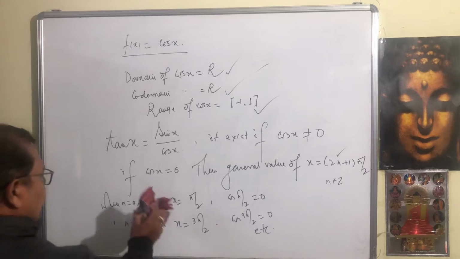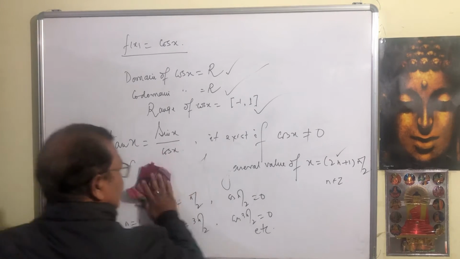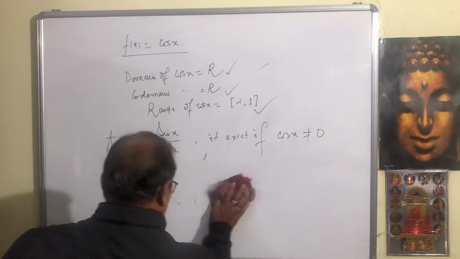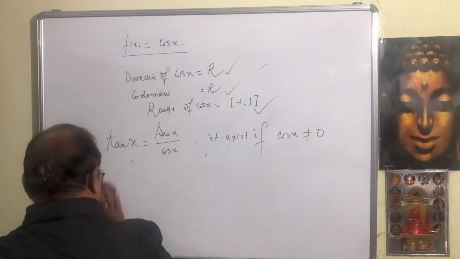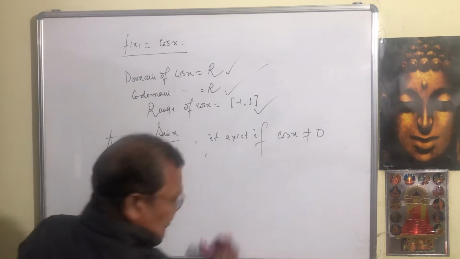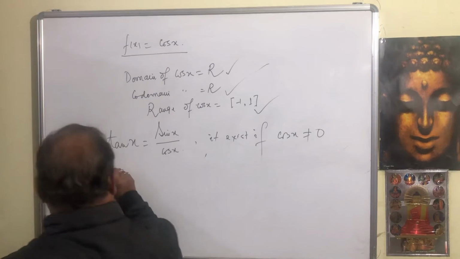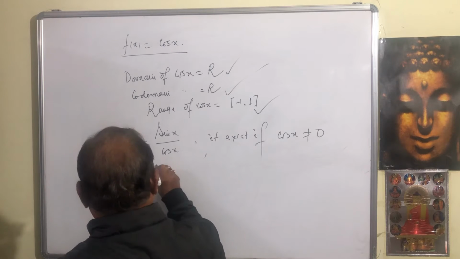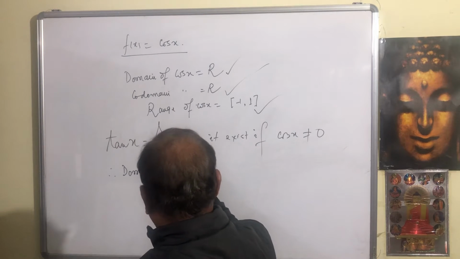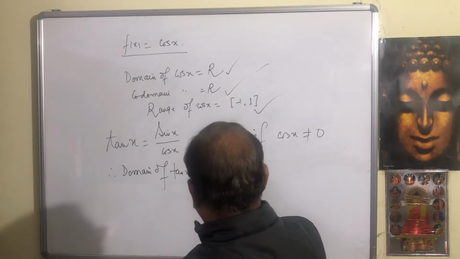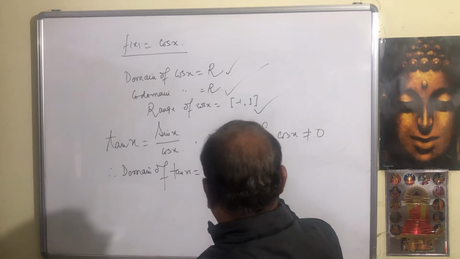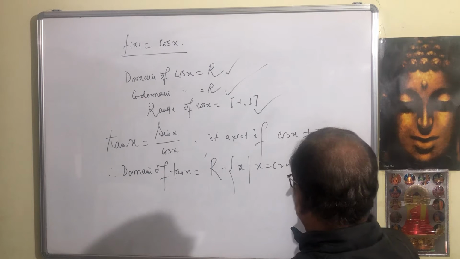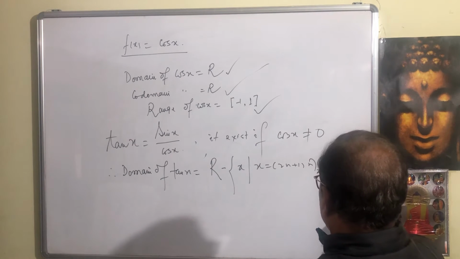Therefore, domain of tan x is equal to R minus {x such that x equals (2n plus 1) pi by 2, where n belongs to Z}.